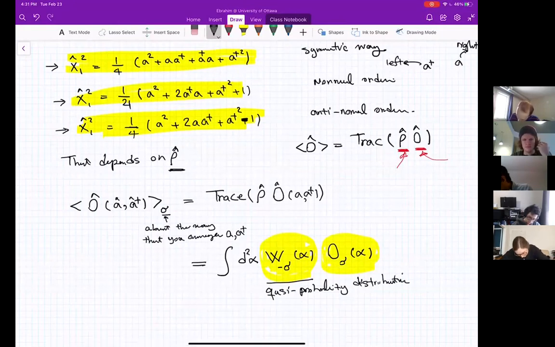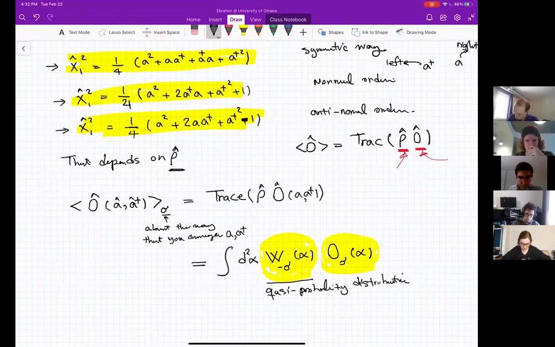It reminds you of something, right, guys? Alpha is a complex quantity. It looks like the parameter in the coherent state. It has a phase, it has a magnitude. And you're doing the integral on the complex plane, which is d2 alpha.